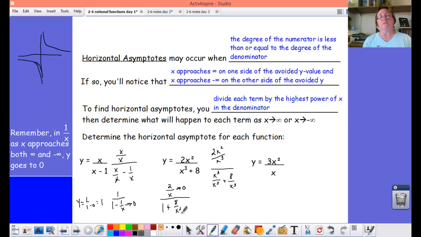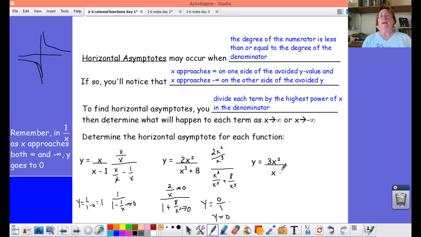But when x gets really big or really small, 8 over x cubed, you guys, if 1 over x goes to 0, then this just gets there faster. So what shakes out in this one is that the horizontal asymptote will happen when y is equal to, on top we had 0, and on the bottom we had 1. So this will have a horizontal asymptote at y equals 0.